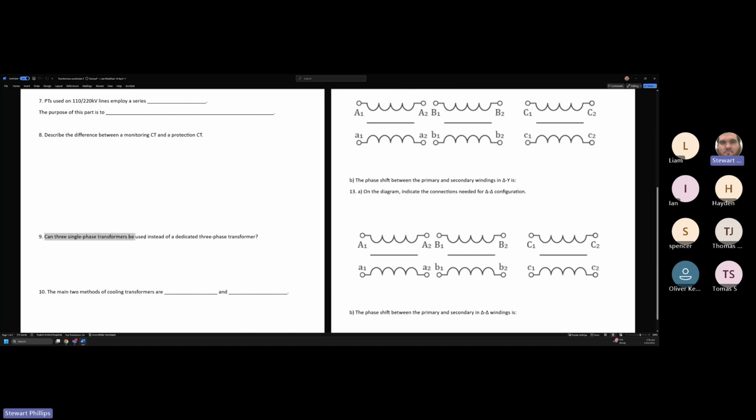Cool. So how about this one? Question 9. Can three single-phase transformers be used instead of a dedicated three-phase transformer?